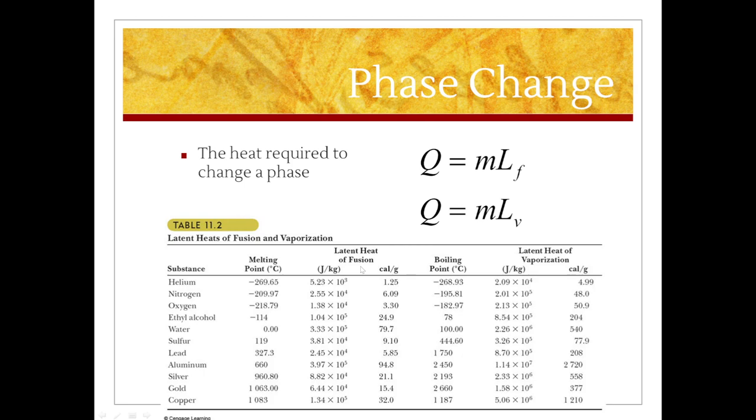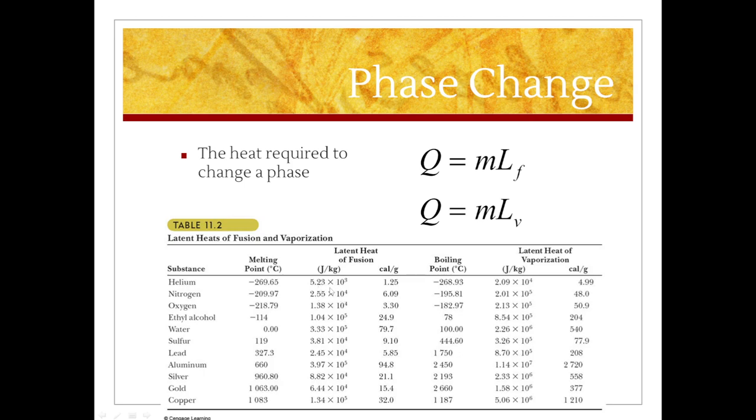So for example, say in some very strange scenario, you had a block of solid helium, frozen solid helium, and a block of solid aluminum. Aluminum has the biggest latent heat value currently on this table. It's to a factor of times 10 to the fifth, whereas helium has the smallest.